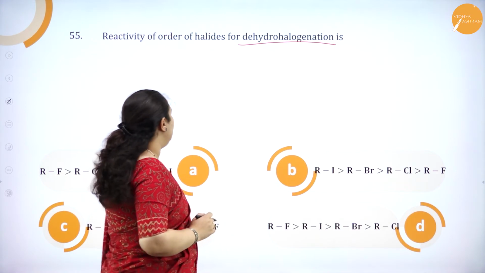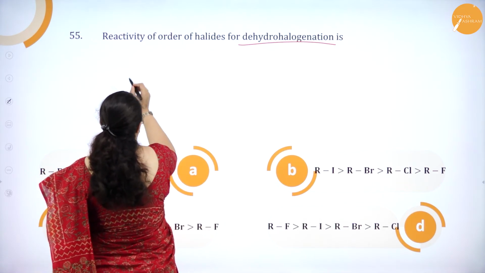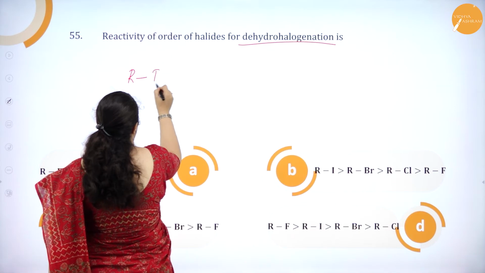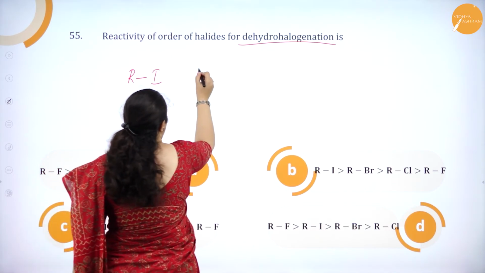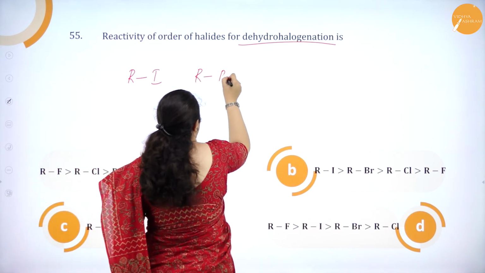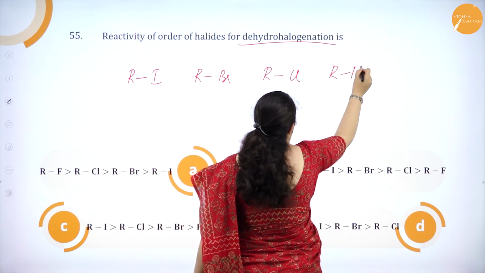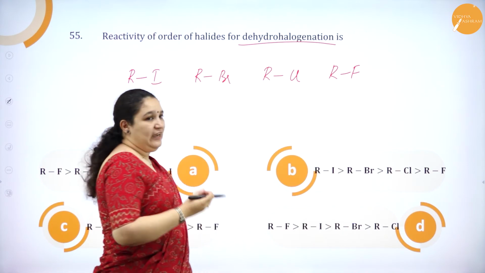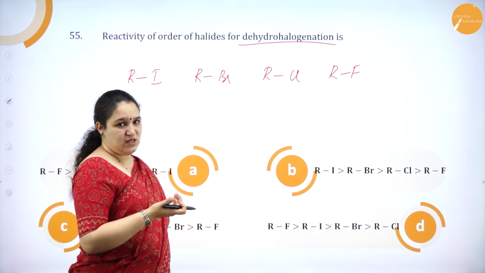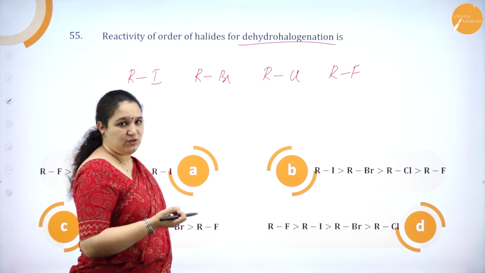Here what comes into picture is the bond length. We have RBr, RCl and RF. If the bond length is longer, it is easy to break. If it is shorter, it is difficult to break.